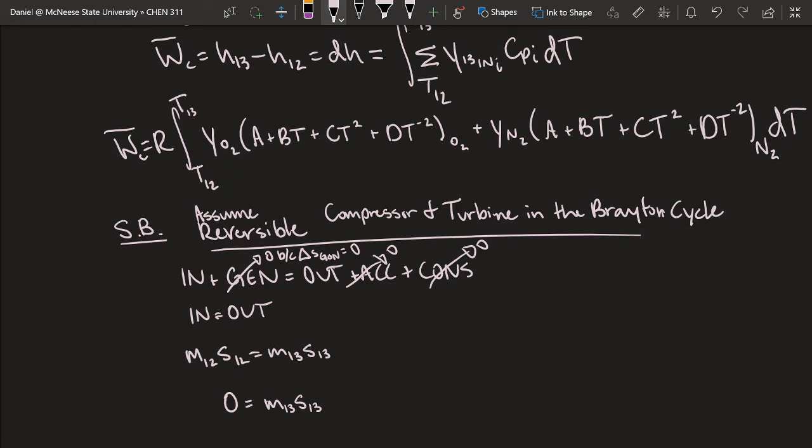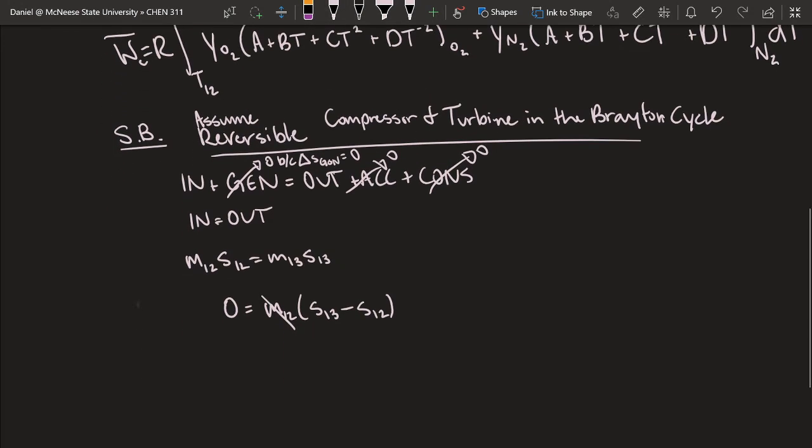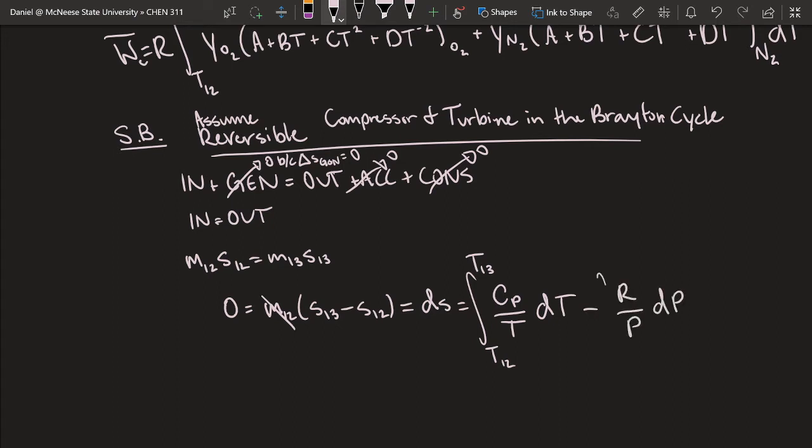Actually, I don't like what I'm doing. And that's what you can do for an entropy balance for an ideal gas, including air.